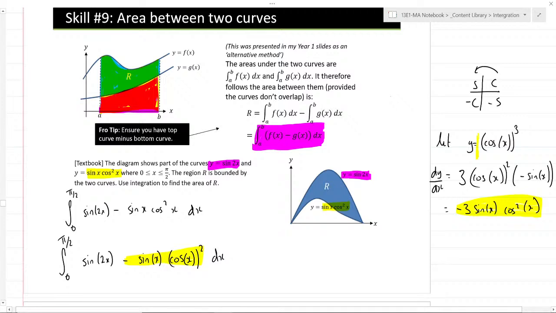So now I'm integrating this. If I integrate sine of 2x, well, sine is going to integrate to minus cos. So don't forget then I need to differentiate and divide by that. So it's going to be minus a half cos of 2x. Let me have some more space.